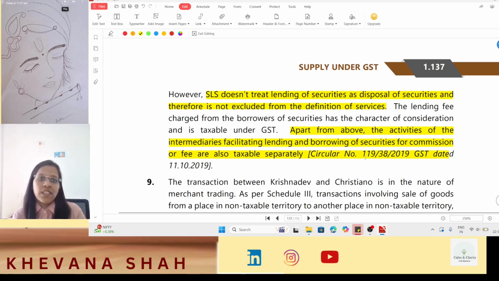So accordingly, here we have two transactions. The sale of securities is outside the definition of supply, so no GST on that. But the fees or commission for facilitating this transaction comes within supply, and so GST will be leviable.